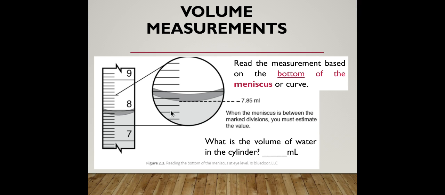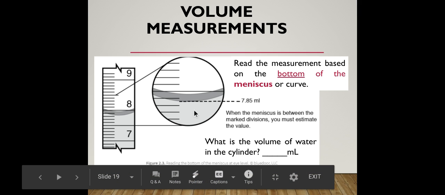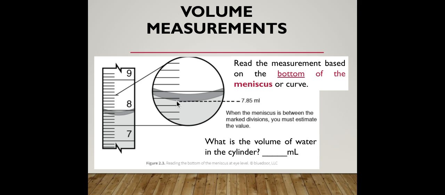Again, I can only be as accurate as my lines allow me to be, as my device allows me to measure. So I can't say that this is 7.85321 milliliters because I can only measure between 0.8 and 0.9. I have to estimate in between 0.8 and 0.9.